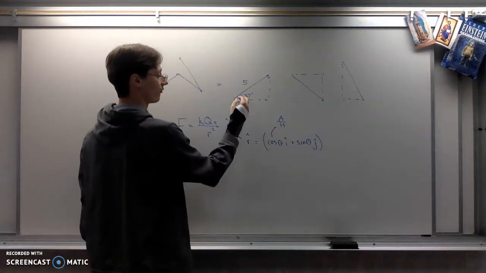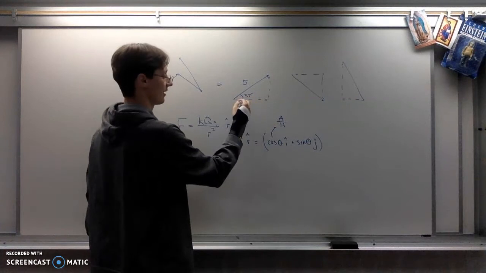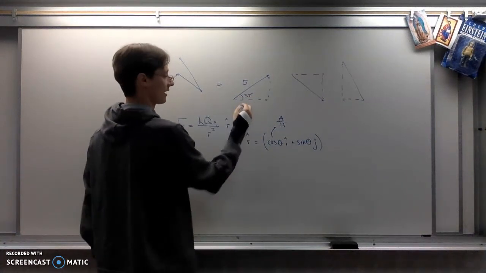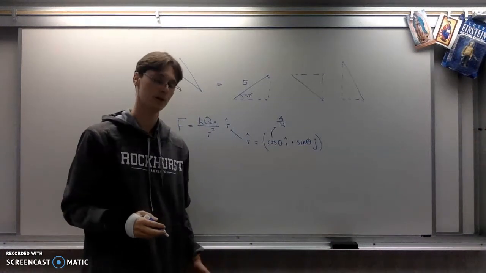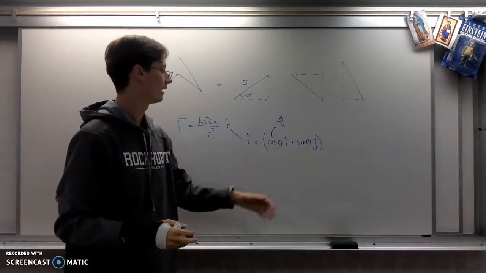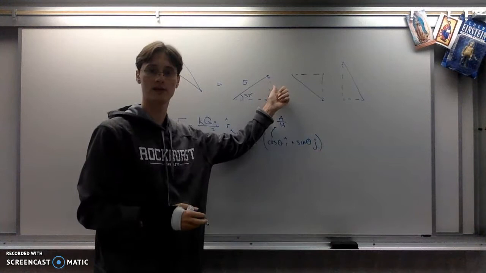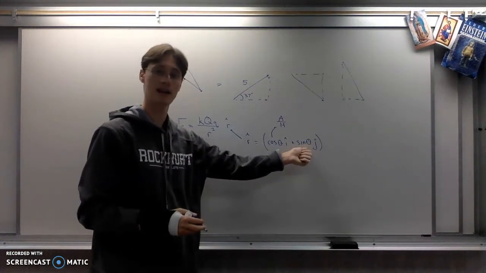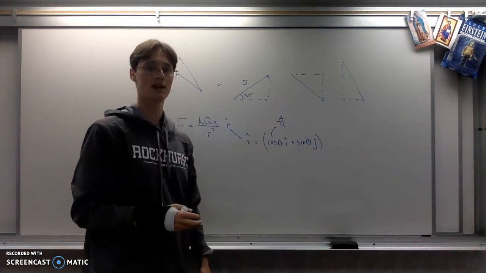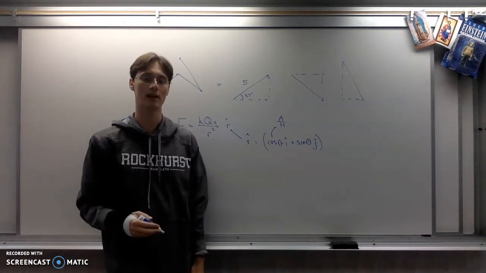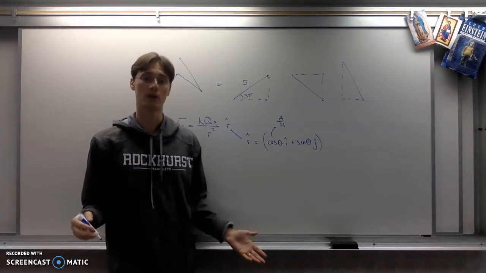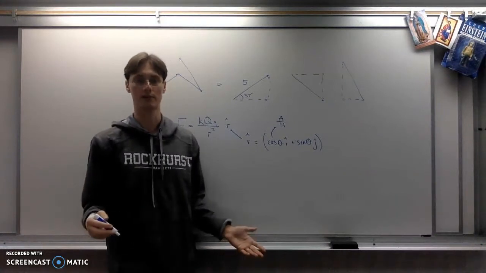So if you did 5 cosine 37, that would give you this bottom side. Okay, so the x component, the i component, is related to the cosine function. All right, and then same idea for the j component. Sine theta relates to the j component. So really all the r hat is just a different way of writing out the components. It's sort of a shorthand for writing that.